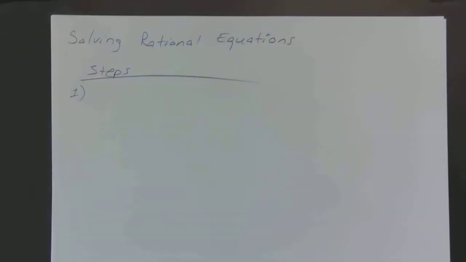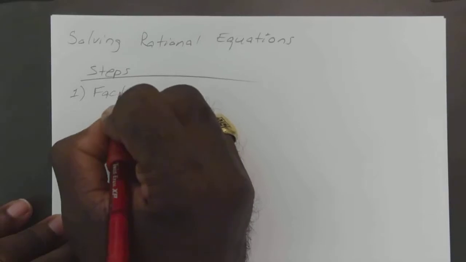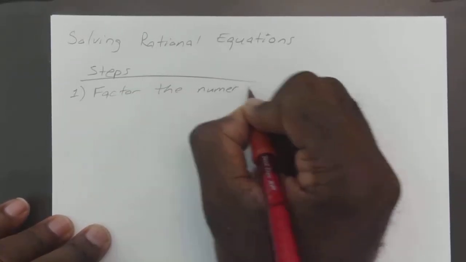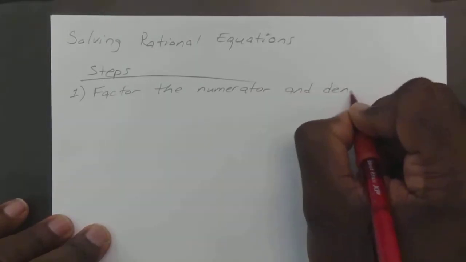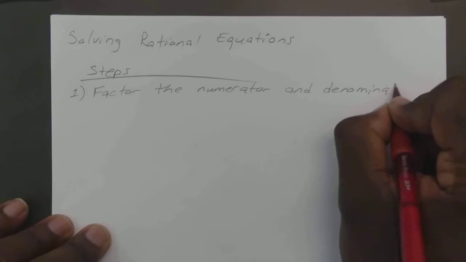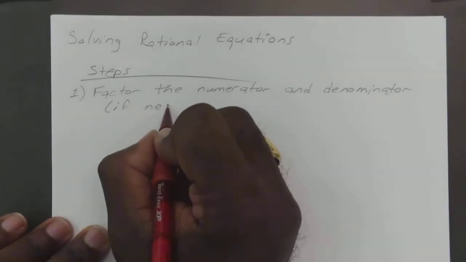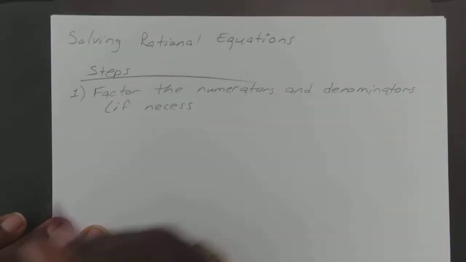Your first step is you're going to factor the numerator and denominator, if you have to. And that's one of those if necessary kind of things. Numerators and denominators.